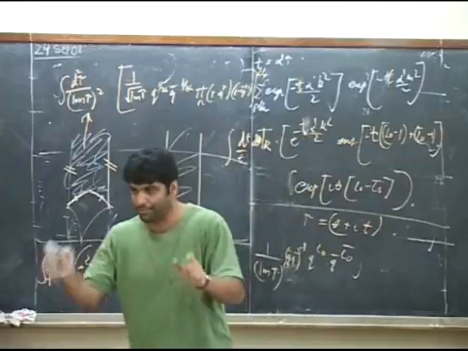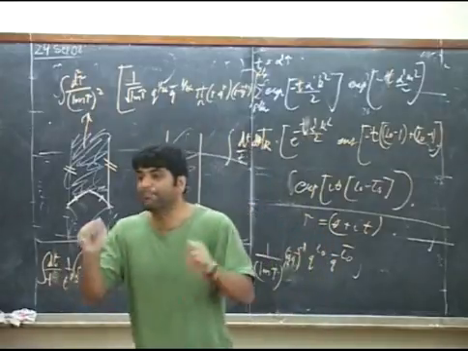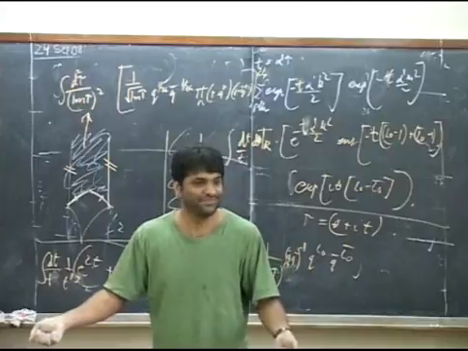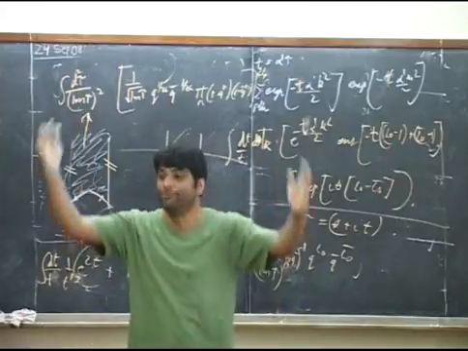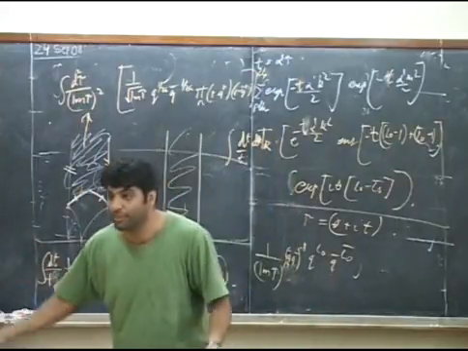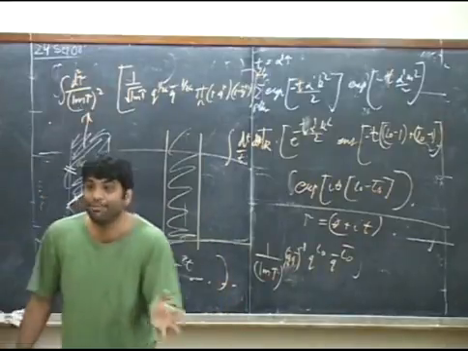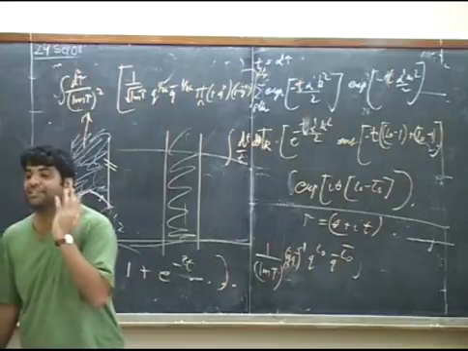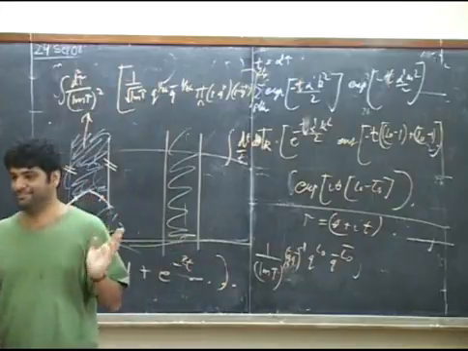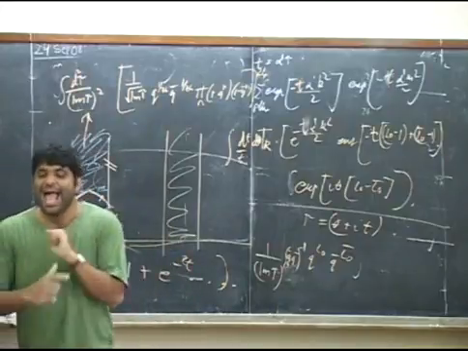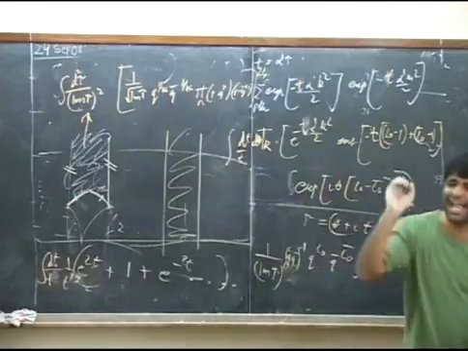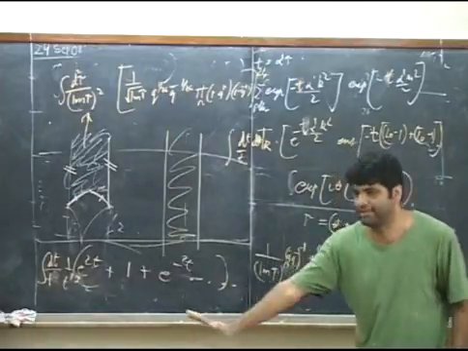BRST equivalent operators gave us equal amplitudes up to total derivatives in moduli space. If there are boundaries to moduli space, these total derivatives contribute. If BRST equivalent objects give you different amplitudes, you have negative norm states in your theory, and your theory breaks down.